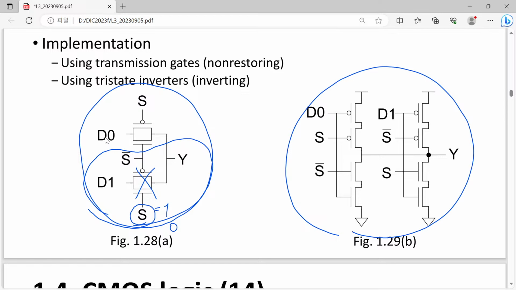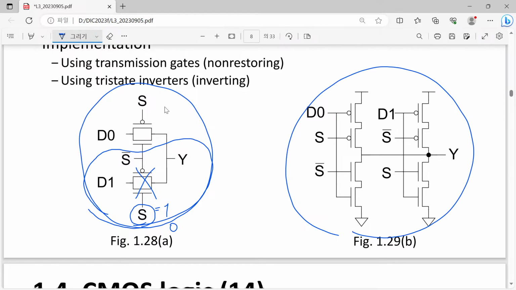So please think about the path from D0 to Y. When S is equal to 0, this S signal is connected to the P MOSFET, and the N MOSFET is driven by our S bar signal.